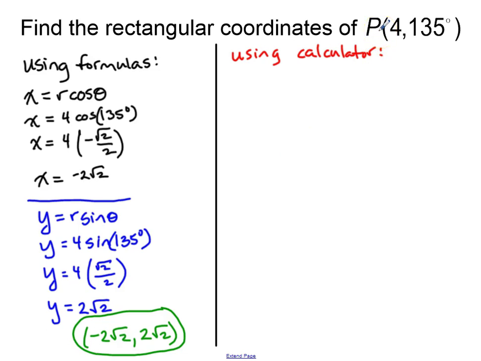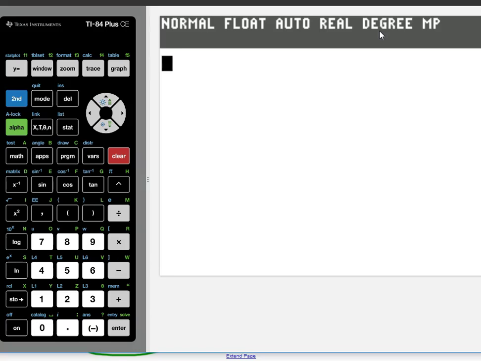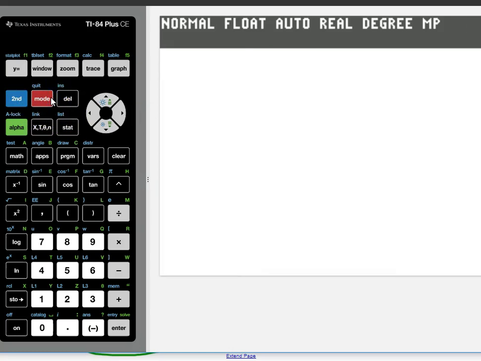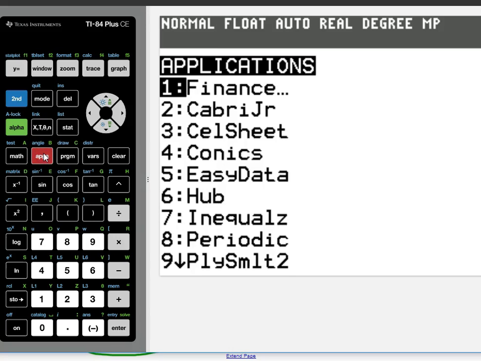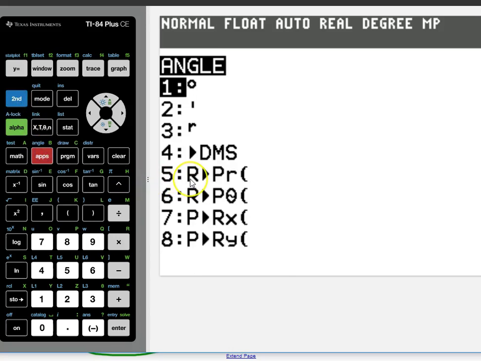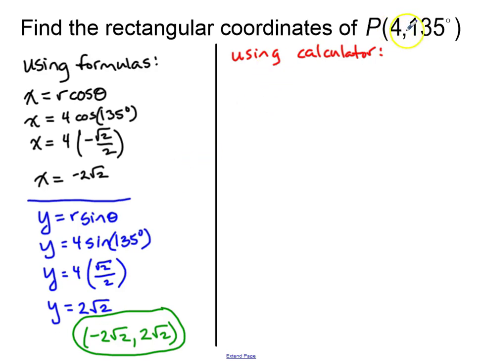let's make sure we're in degree mode. So we'll check that. All right, so we're in degree mode. Now we're going to use a menu that we haven't used very often, the angle menu. So second, and then the apps button to get to the angle menu. And we're going from polar coordinates into rectangular coordinates.